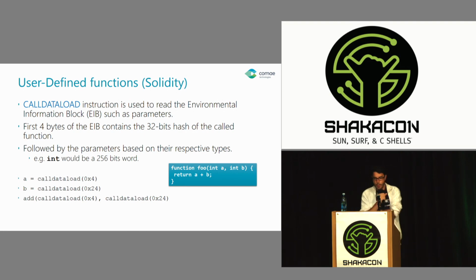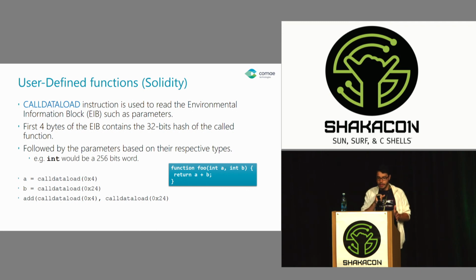Then, previously we talked about the environmental information block, which you can access using the opcode CALLDATALOAD, which is basically the equivalent of a get command line call. So you would read that whole block. The first 4 bytes are the hash of the function we want to call internally inside the contract, and then it's followed by the arguments.